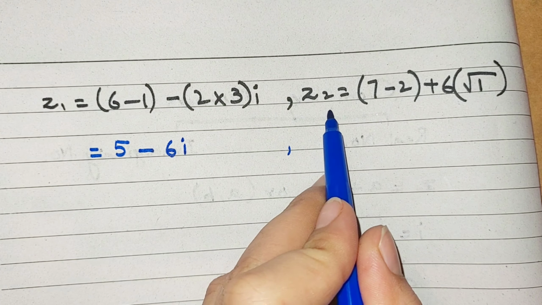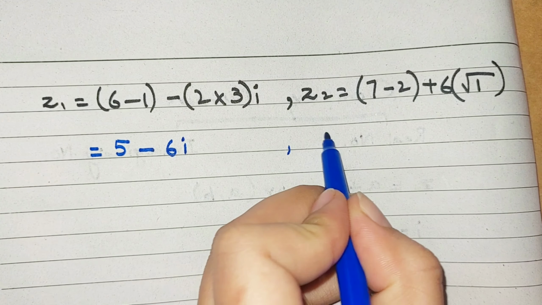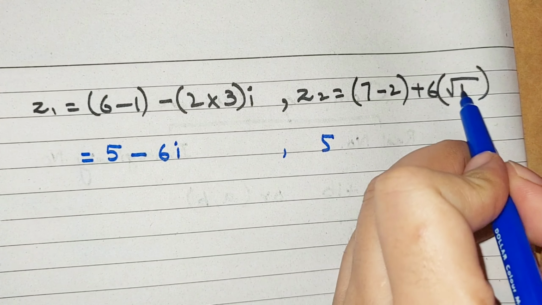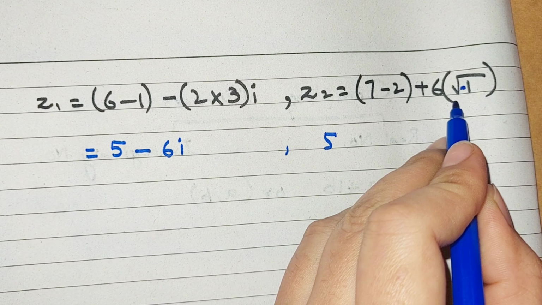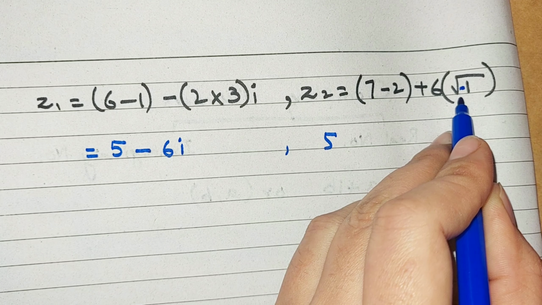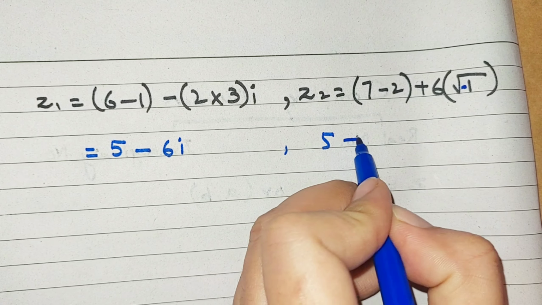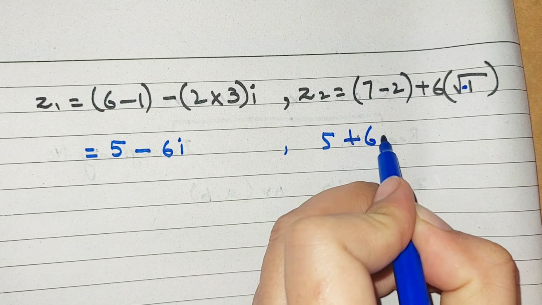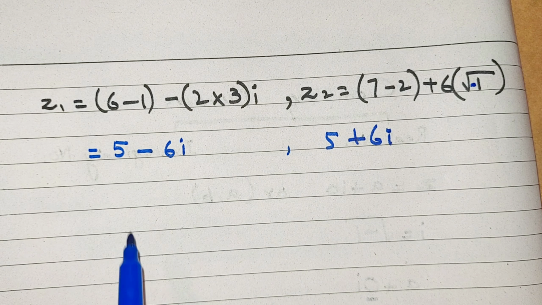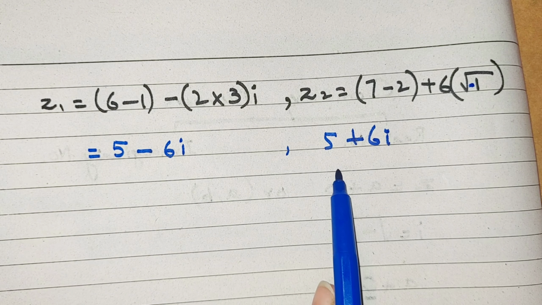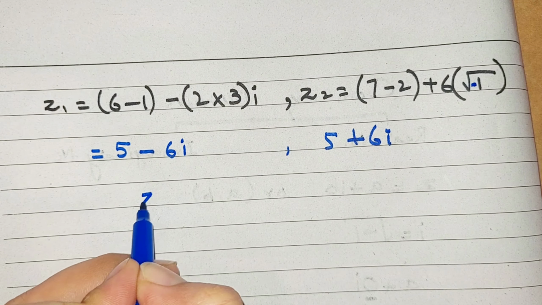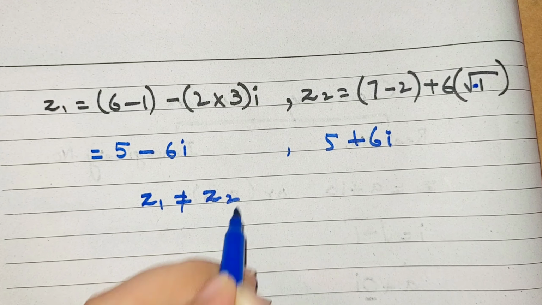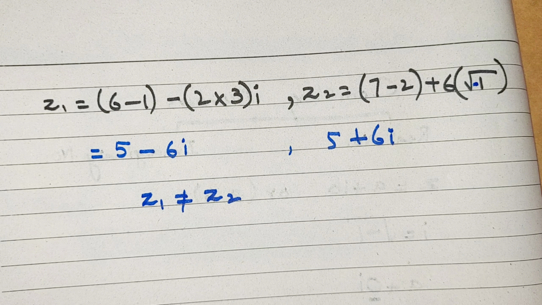When we solve Z2, here this will be 5, and in place of radical minus 1 we can write iota, so that will be plus 6 iota. Here we can see that the real parts are the same and the imaginary parts are also the same, but the sign between them is different, so we can say that Z1 is not equal to Z2. This is the way to check whether two complex numbers are equal or not.